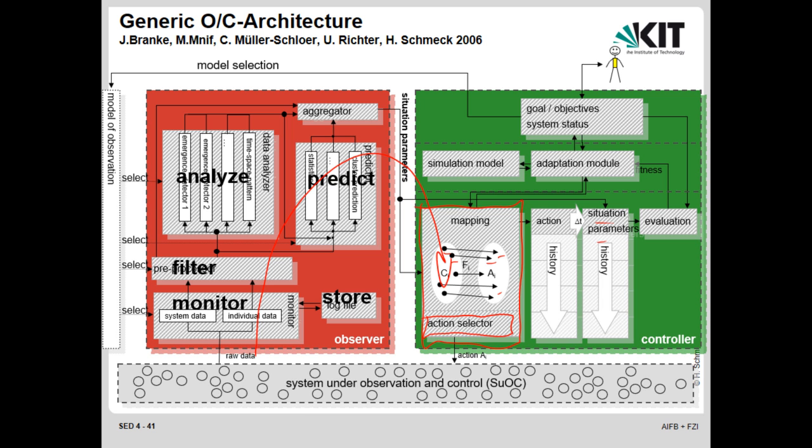And then at some later time, the current situation is also sent to that element there. We compare the difference between the old situation where we have selected a certain action and what actually was changed by executing that action.